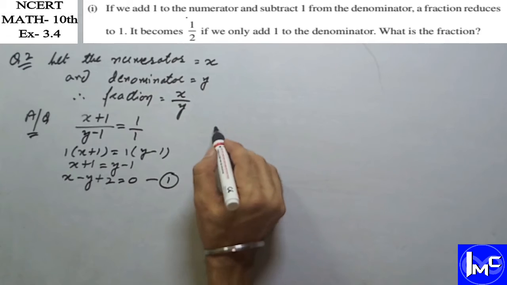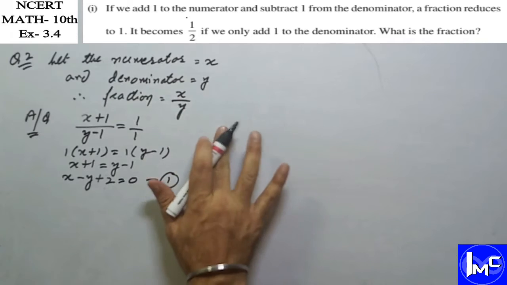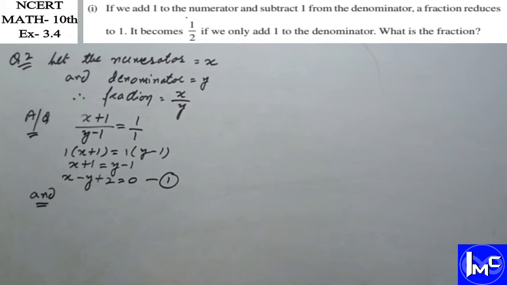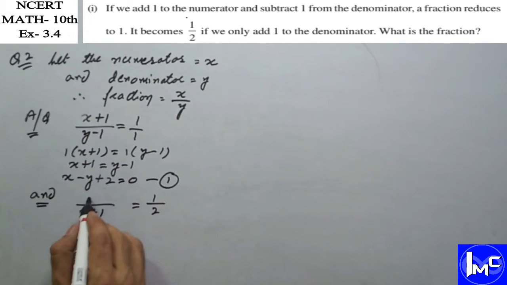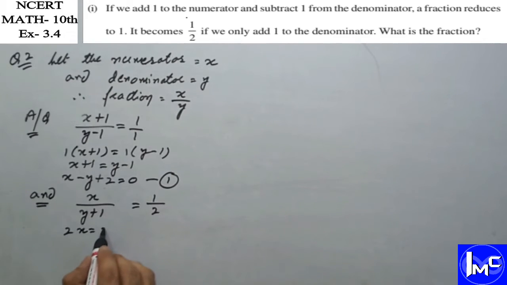And the second condition is, this fraction becomes 1 by 2 if we only add 1 to the denominator. We are adding 1 to the denominator only, and the numerator will be as it is, and by cross multiplication we will get 2x is equal to y plus 1, and so 2x minus y minus 1 is equal to 0, and this is our second equation.